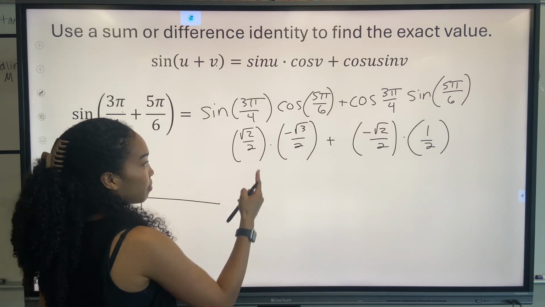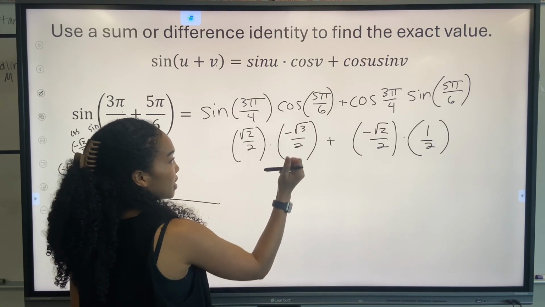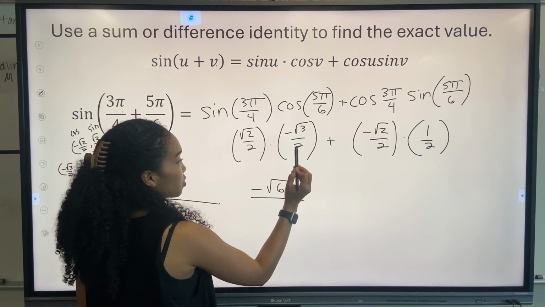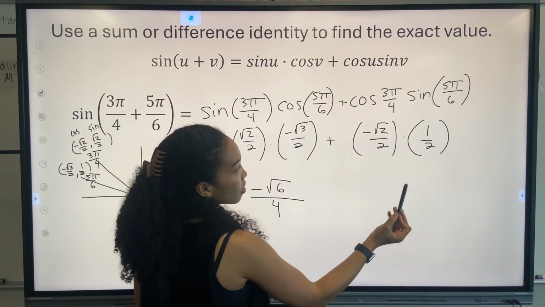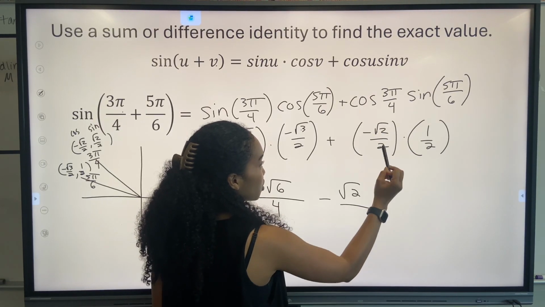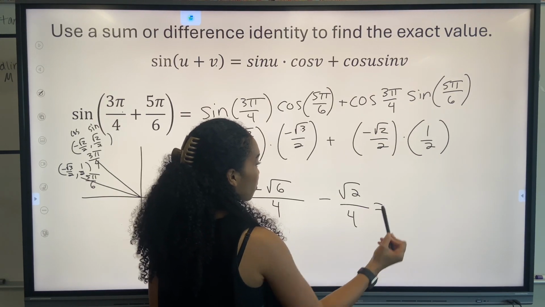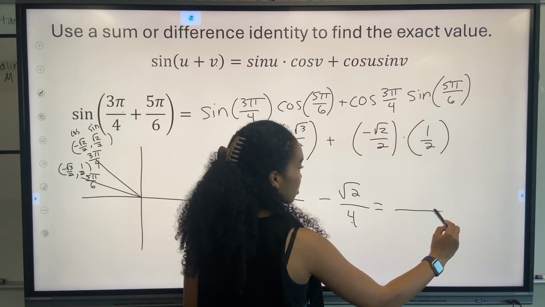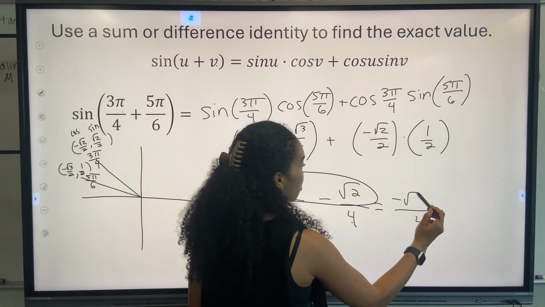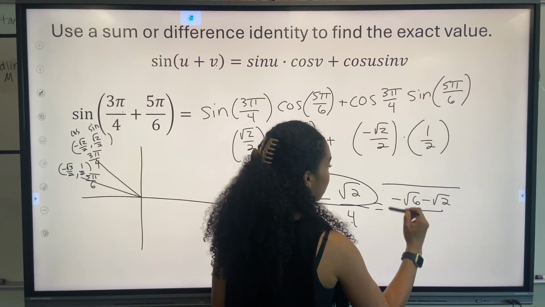Now you just multiply. Square root of 2 times a negative square root of 3 will be negative square root of 6. 2 times 2, 4. Negative 2 times 1 is just negative square root of 2. 2 times 2, you get 4. So your denominator just stays the same, and you combine the numerators. This is negative square root of 6 minus the square root of 2.